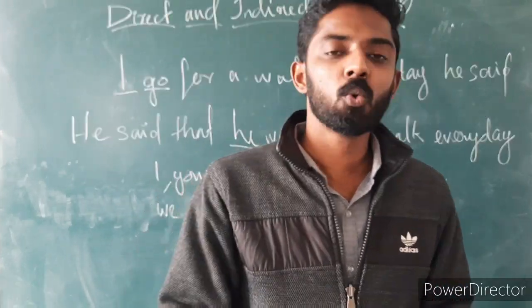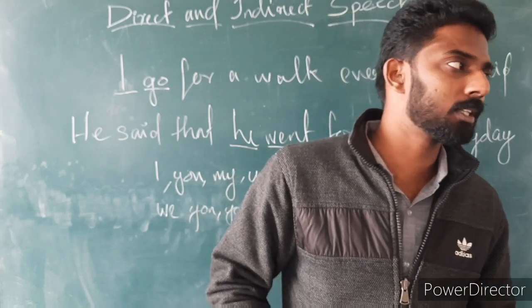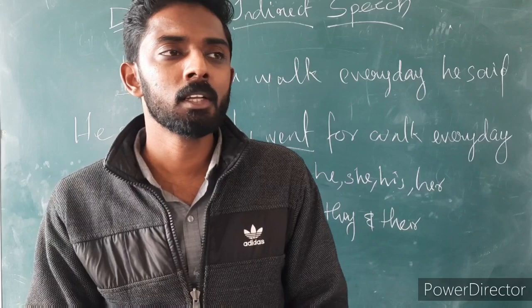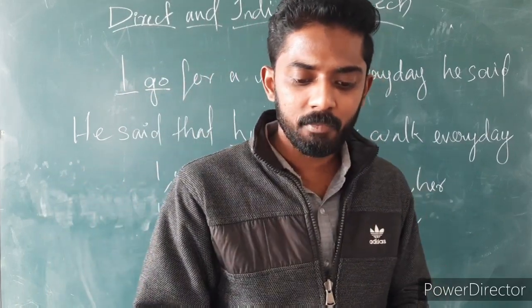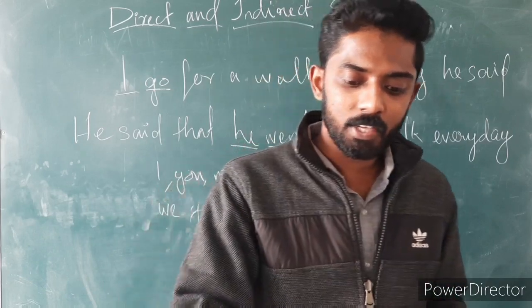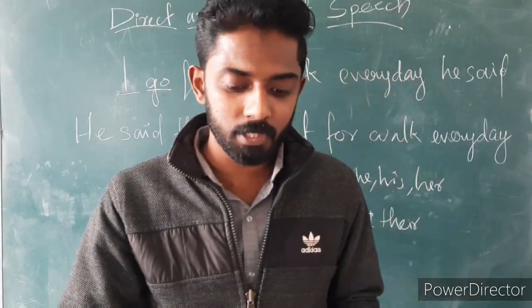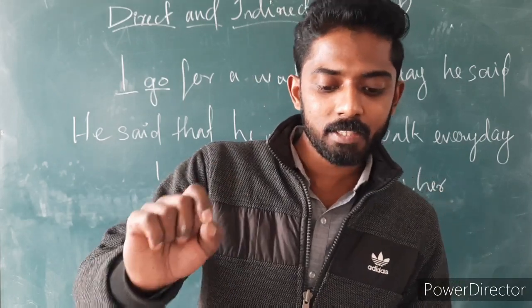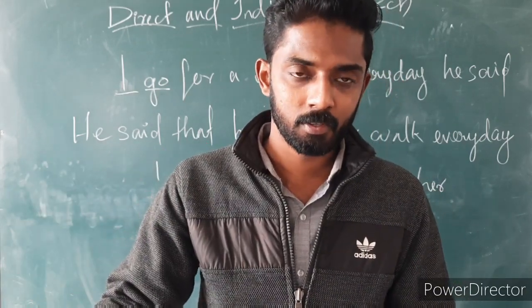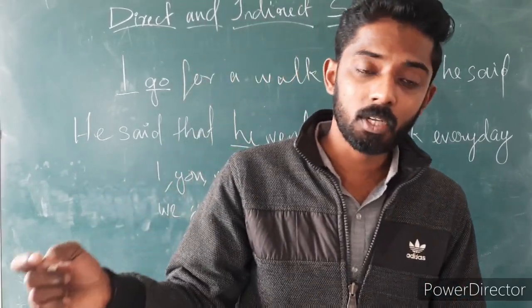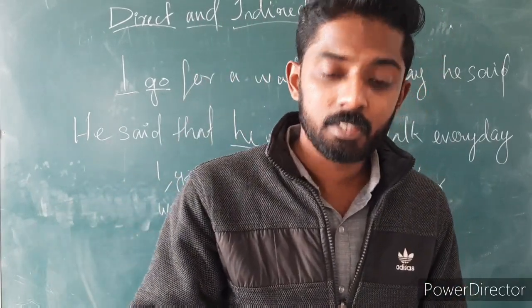And mainly we use the reporting verbs say and tell. There is a difference between them. Tell always needs a personal object: you tell something to someone. For example, you say that something has happened, but you tell someone that something has happened.